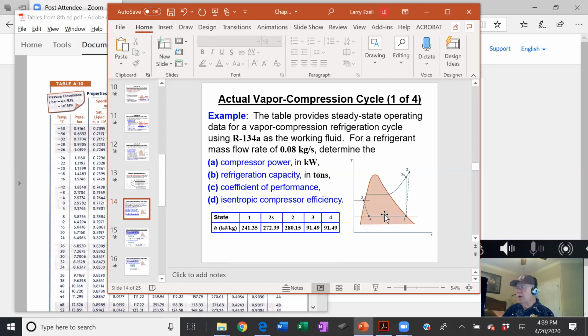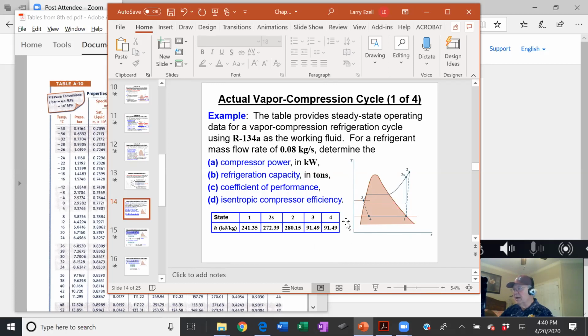Here's a problem he works out, and he's got all the enthalpies already picked off. As you know from working your homework and test problems, the real challenge is to come up with all those enthalpies. They're really easy for a refrigeration and air conditioning circuit, but he's got them here and he goes through the calculation.